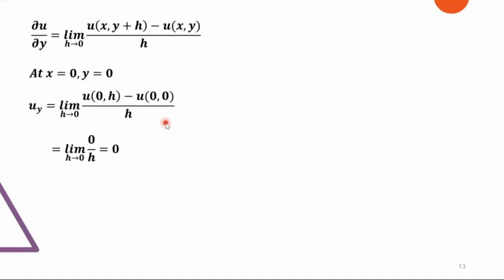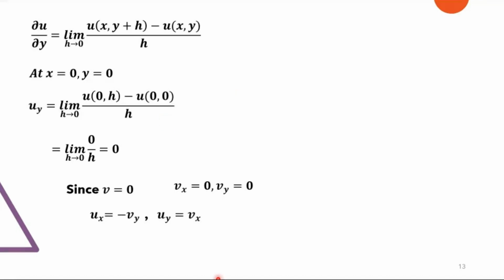And since v is 0, vx and vy are also equal to 0. Okay, so which means that ux is 0, uy is 0, vx is 0, vy is 0. The CR equations are satisfied.